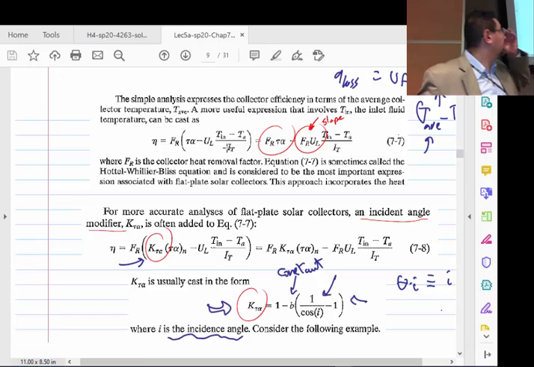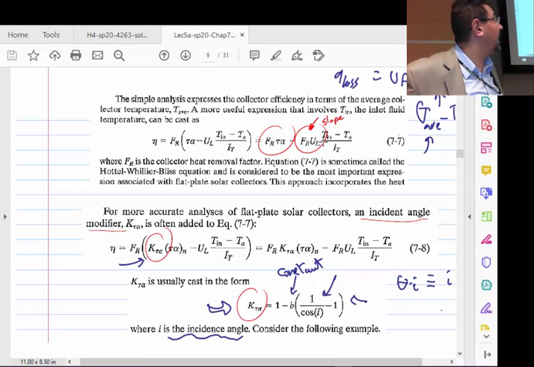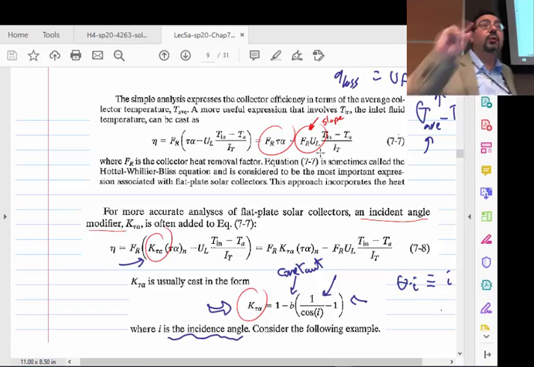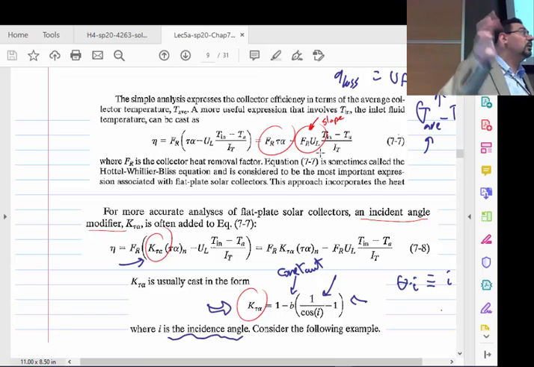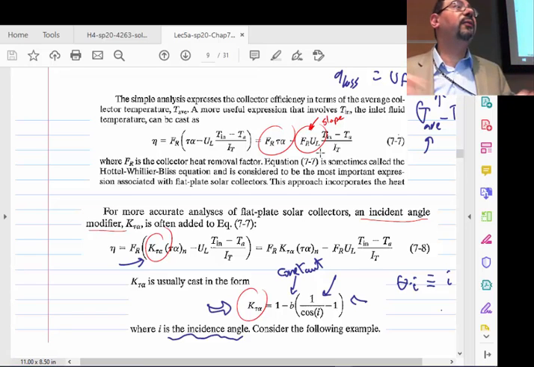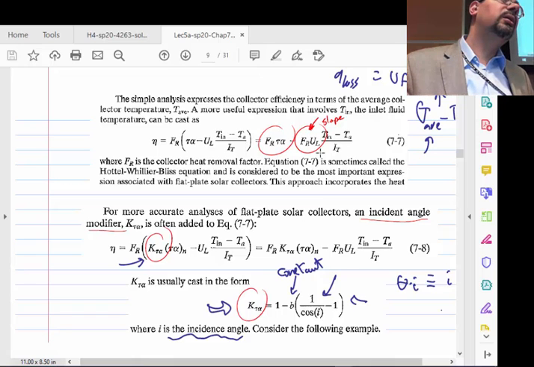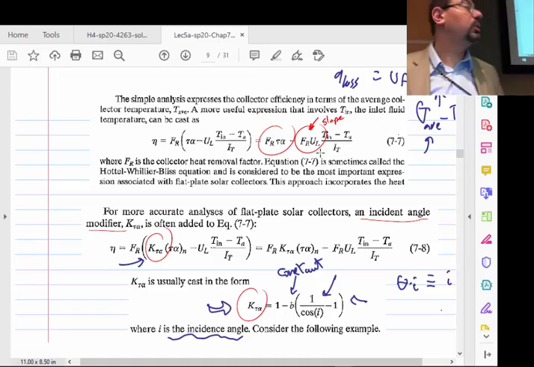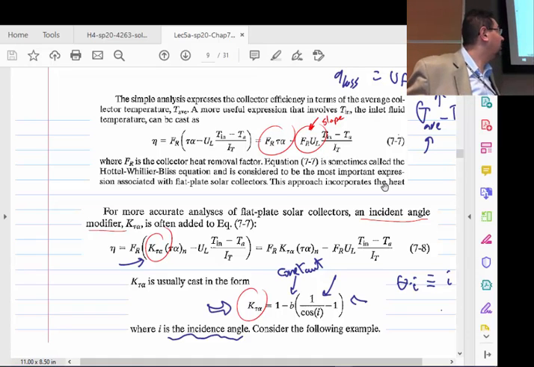So now in this new coordinate system that has T inlet minus T ambient over I, if you plot the eta against this x-axis and it follows a straight line, then you got yourself your intercept and you got yourself your slope. And so from the data you can get those numbers, and therefore you will have the efficiency equation. And then you can use this to check what will happen in different months, in different cities, in different stuff.